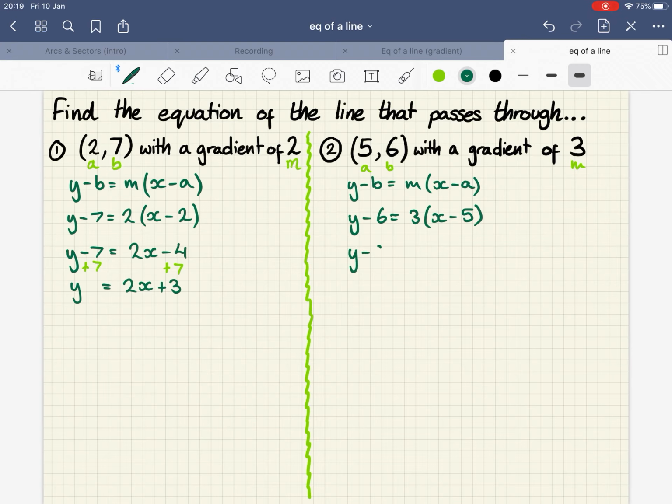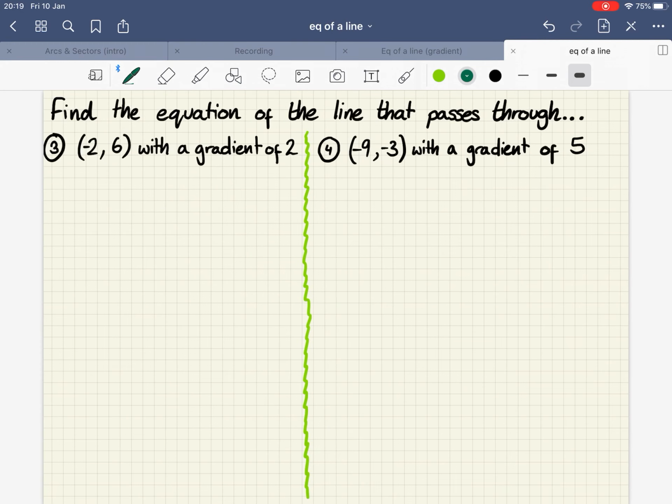So that'll be y minus 6 equals 3x minus 15. Then I add 6 to both sides. So I've got y equals 3x minus 9. Okay, so next example then.